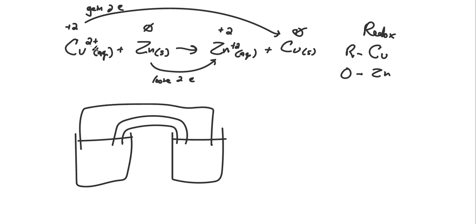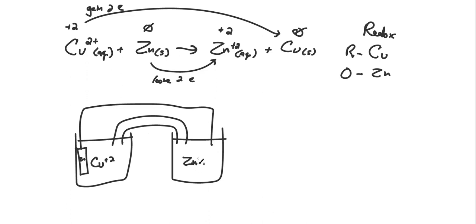So let's start with what we have here. We have copper plus 2 aqueous, so that's in solution. It's aqueous, so we have copper plus 2 aqueous solution here. And we have a zinc solid, so we're going to use zinc as a solid right here. So zinc solid. So that gives us zinc plus 2 aqueous.